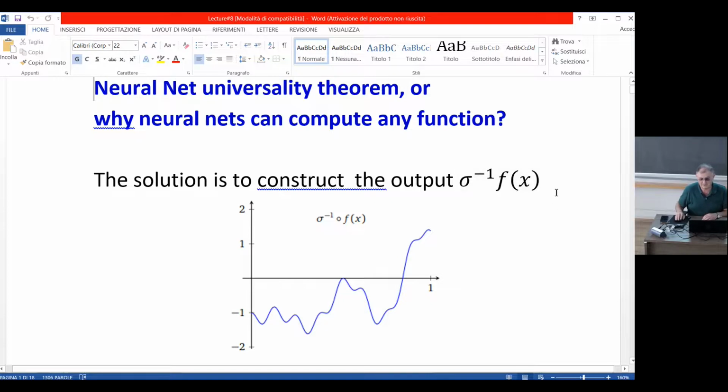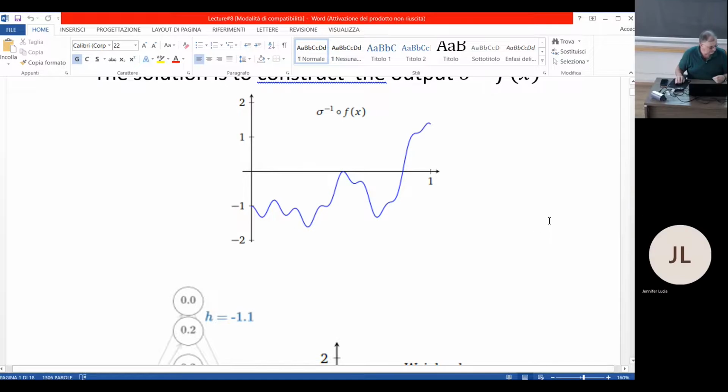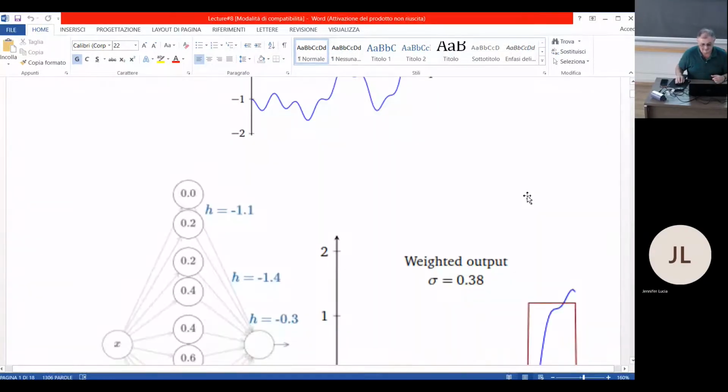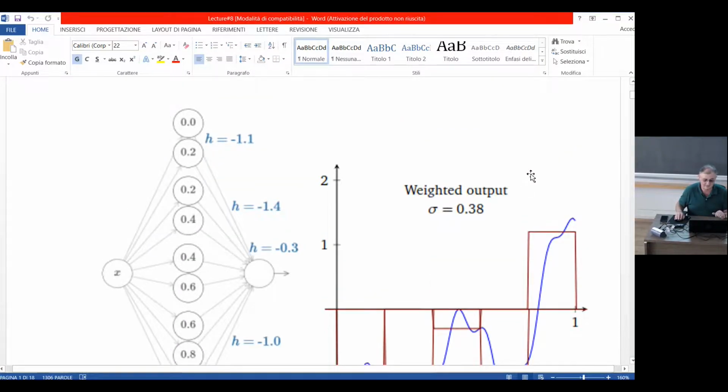Usually we normalize the values of x, the values of the argument, from 0 to 1, but it is not restricting, because we can renormalize our domain of the variable, and also we can normalize the values of our function.